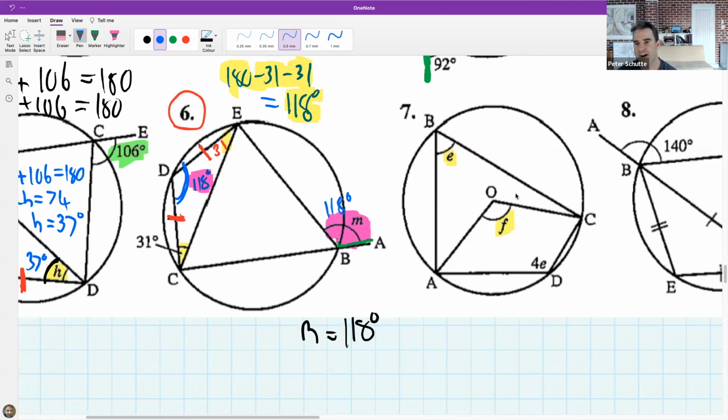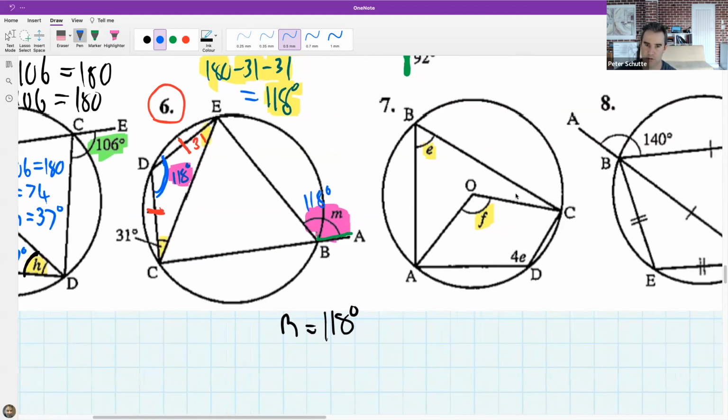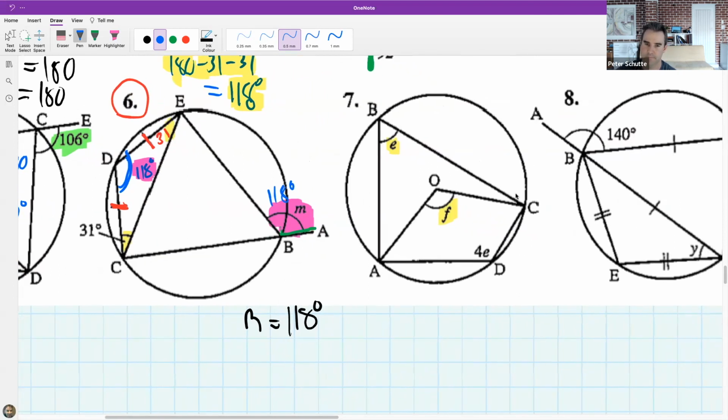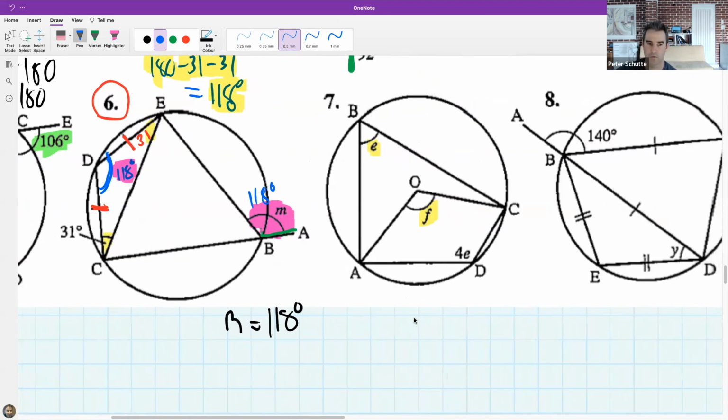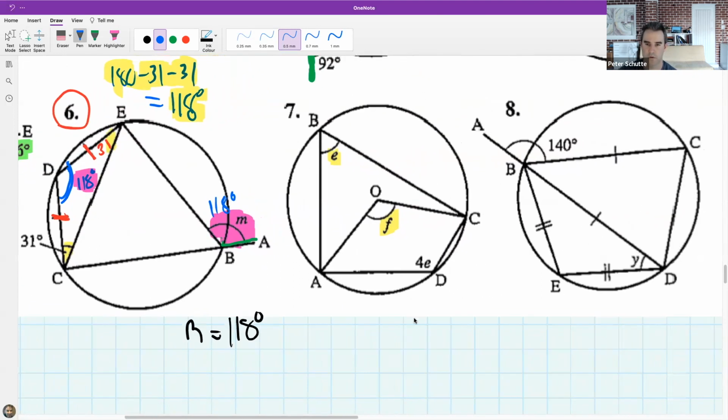It feels to me like finding E first would be easier. But I'm not sure. Maybe people do it in different ways. It feels to me like these two angles have some sort of relationship.